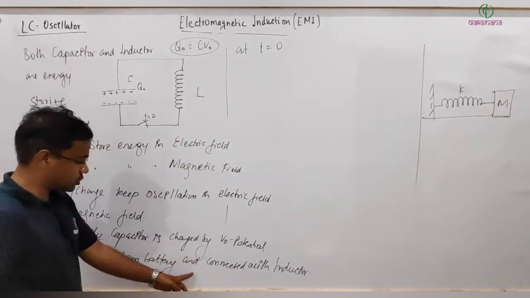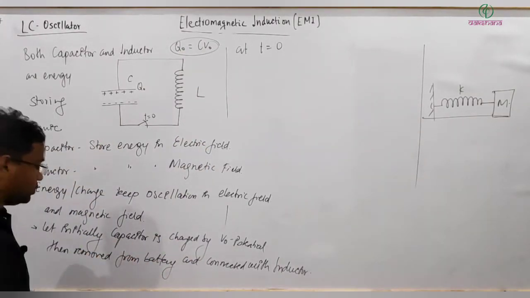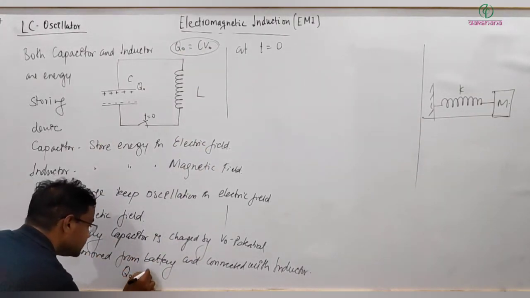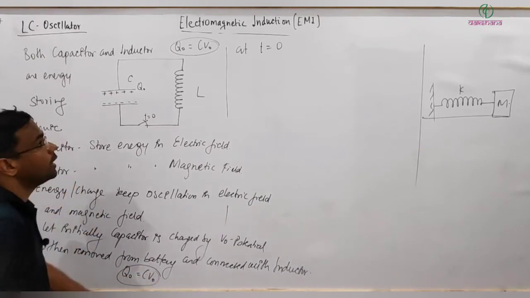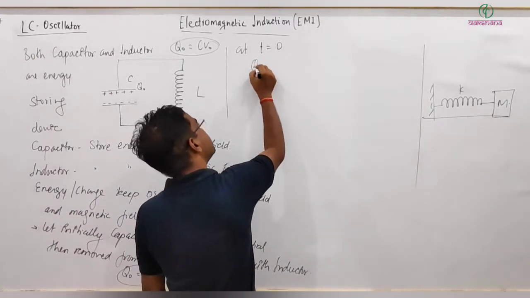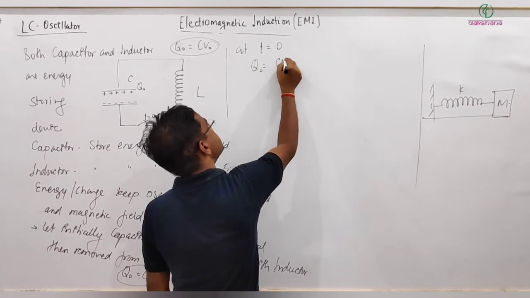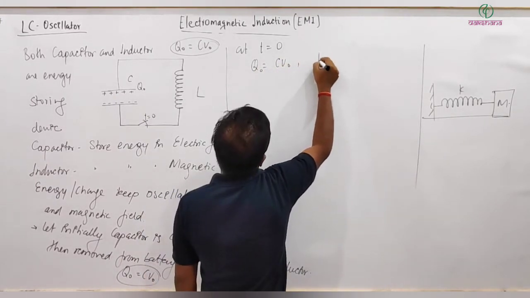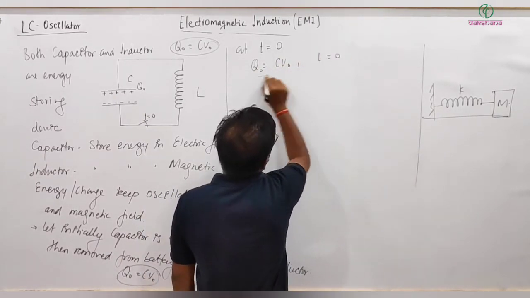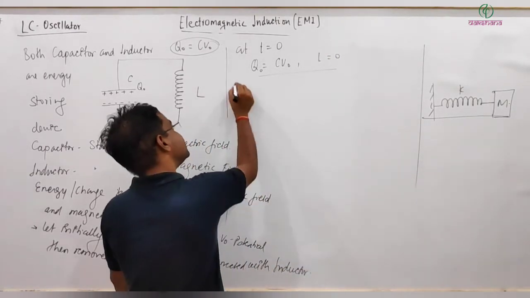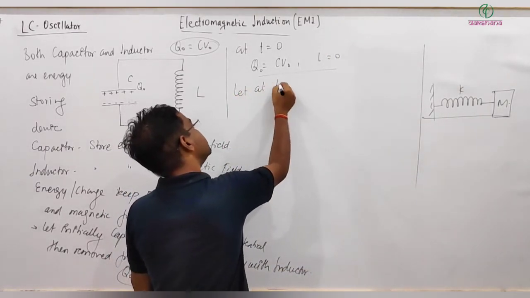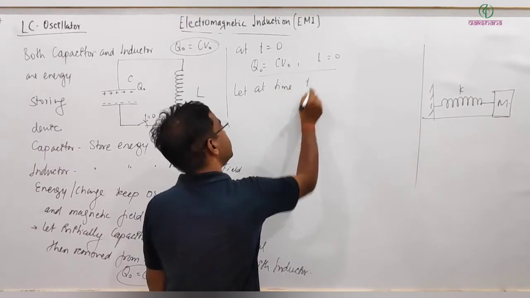So it is charged to potential V0. So at t equal to 0, I can write Q is equal to CV0, and the current I through the inductor is 0. This is the condition.